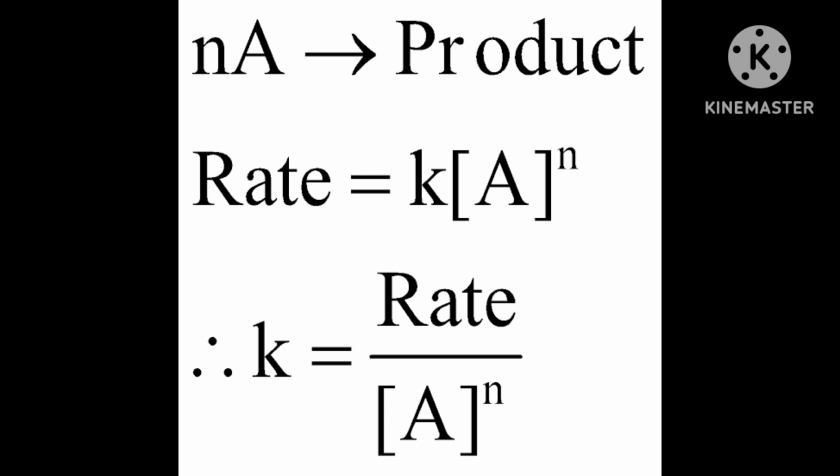Then 800 minus 700. Like that you can always calculate dx upon dt, meaning the difference of concentration divided by the change in time.